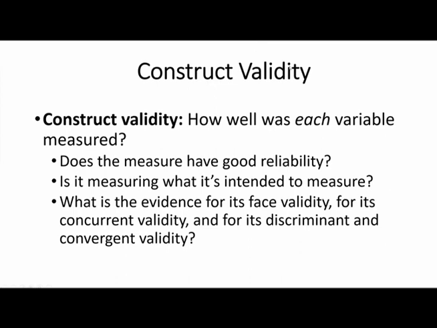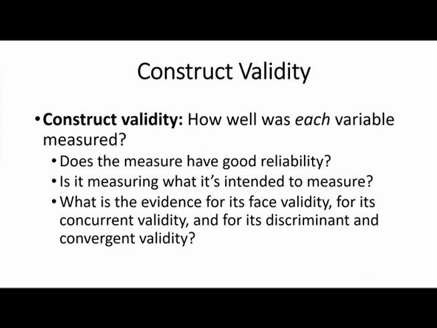So if we start with construct validity, I've just reminded us of what each of these means. For construct validity, we're specifically asking how well was each variable measured. And unlike when we were looking at our frequency claims where we just had one variable, here we now have two different variables to consider.